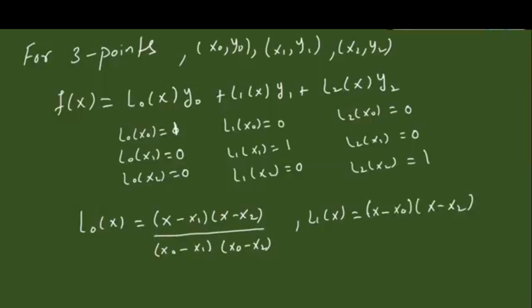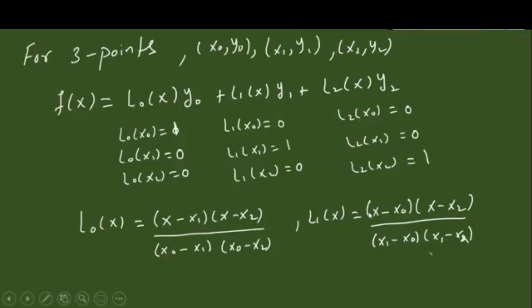Because we have to multiply so that we get a degree 2 polynomial, because there are 3 points. Divided by, the rest is similar. Which node is missing? x1 is missing, so you have to subtract x1 from all other nodes in this fashion, x1 minus x0 and x1 minus x2. Okay, so you can verify it, it will hold.